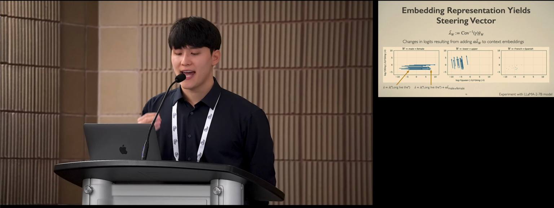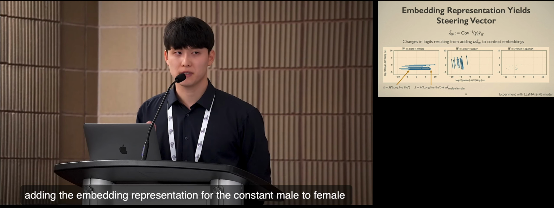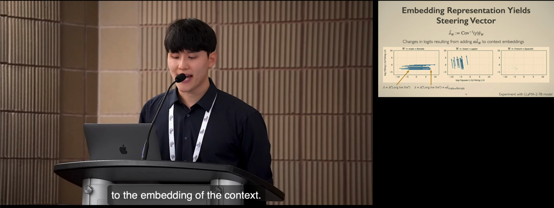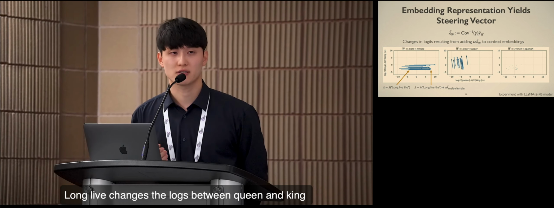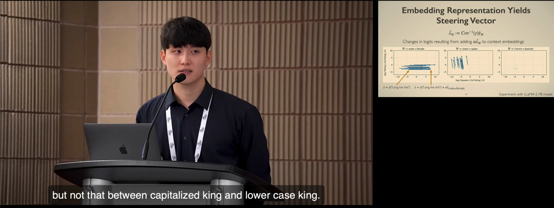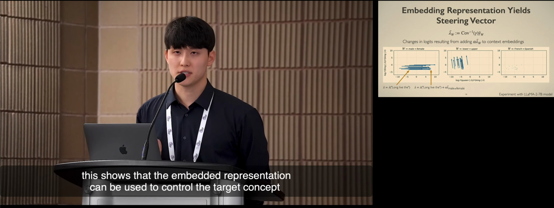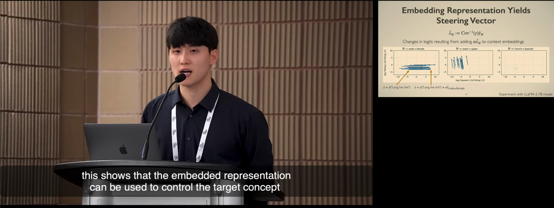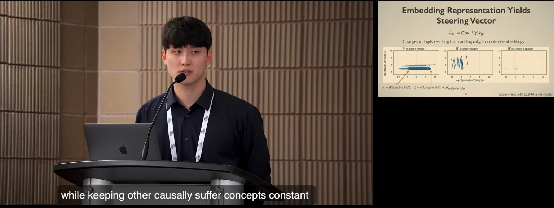For example, adding the embedding representation for the concept male to female to the embedding of the context "long-lived" changes the logits between queen and king, but not that between capitalized king and lowercase king. Therefore, this shows that the embedding representation can be used to control the target concept while keeping other causally separable concepts constant.